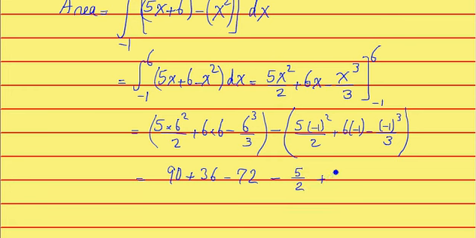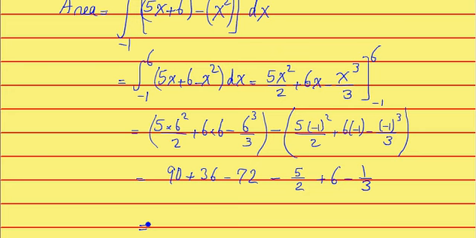Minus minus makes plus. Plus 6, yes. And then here I have 1, 2, and 3 negatives. That makes minus 1/3, I believe.